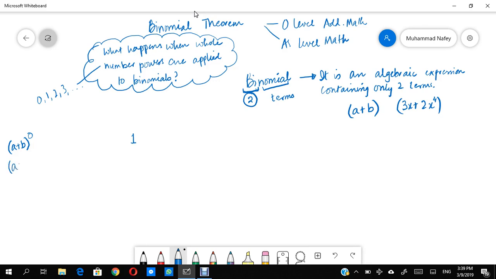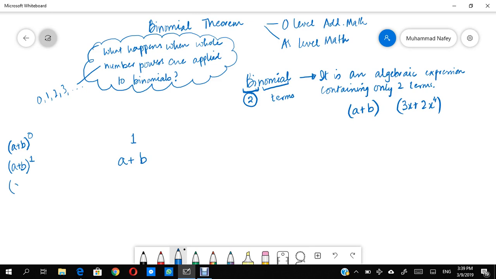Now, what happens if a plus b is given a power of 1? And we know this again from O-level mathematics that anything when given a power of 1 remains unchanged. So what we'll get is a add b as it is.